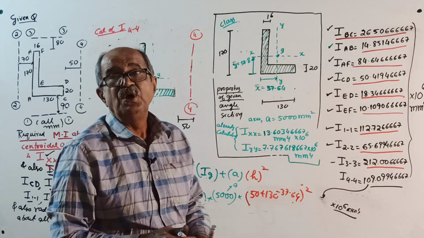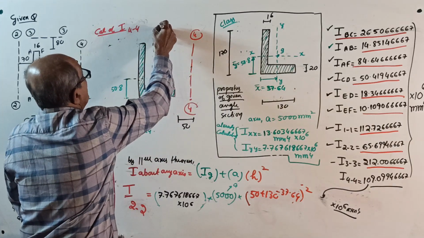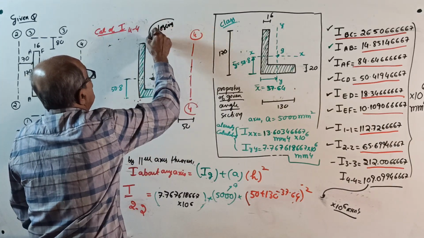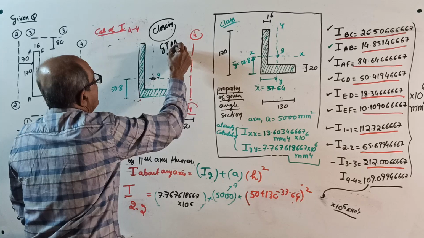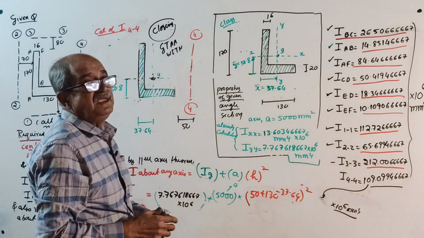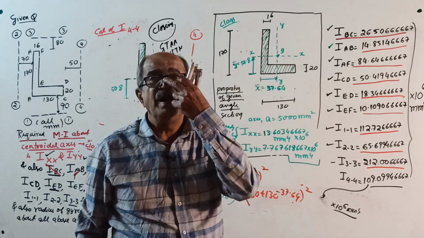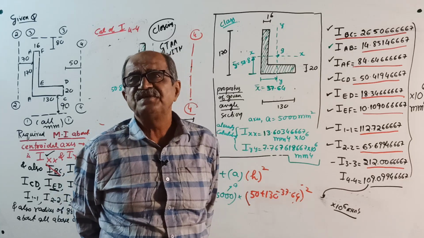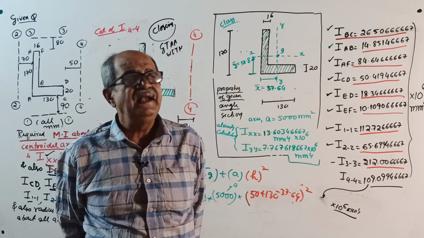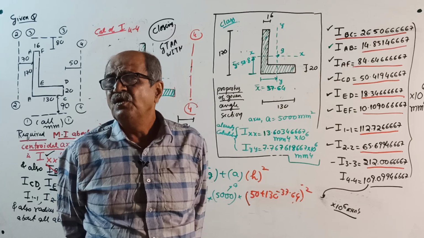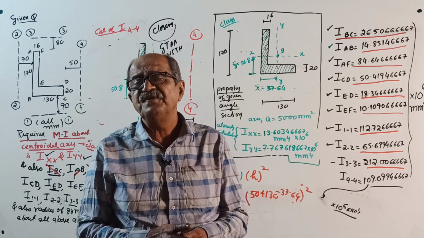So make a note. Closing note by me: go through again and again what I told. If they want moment of inertia about the centroidal axis, locate the centroid and find I about x-x, y-y. If they want I about any other random axis, do not waste time finding the centroid.